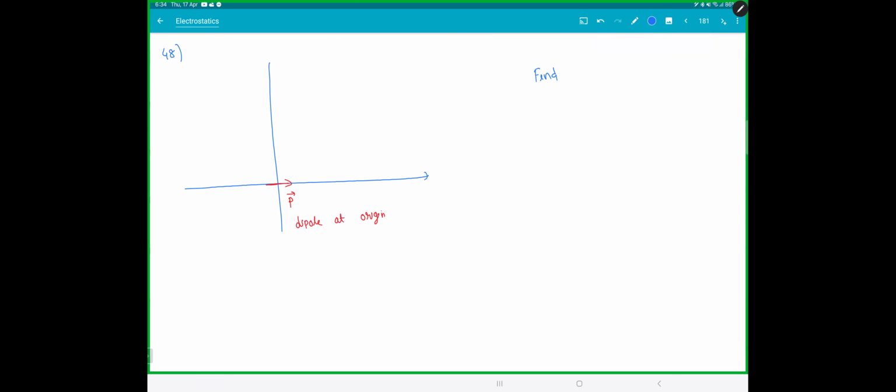So due to this dipole, there is a field everywhere. Find the locus of the points where the electric field is along y-axis. So the field should be only in the y direction. There should be no horizontal component. So if you join all those points, what is the shape that you get?